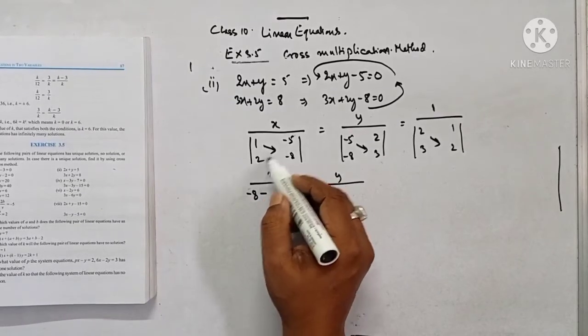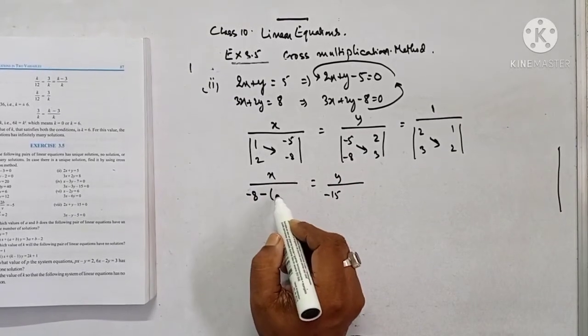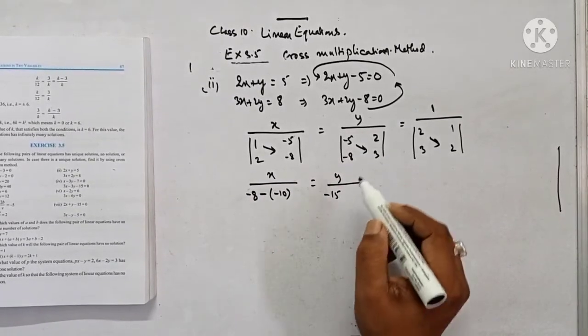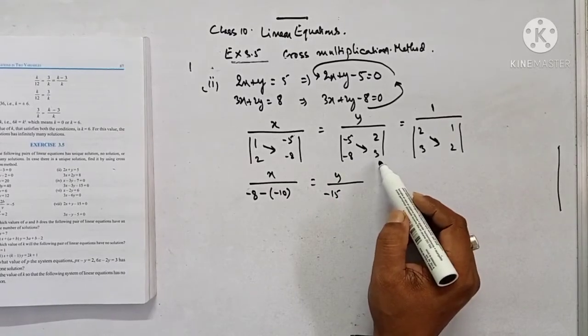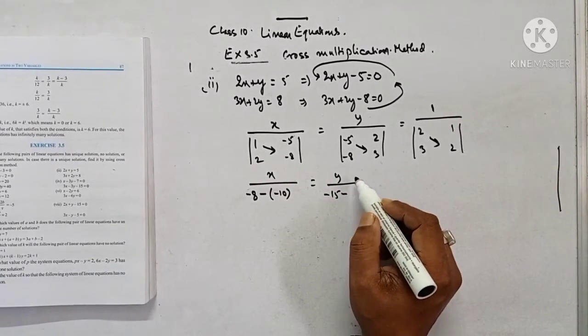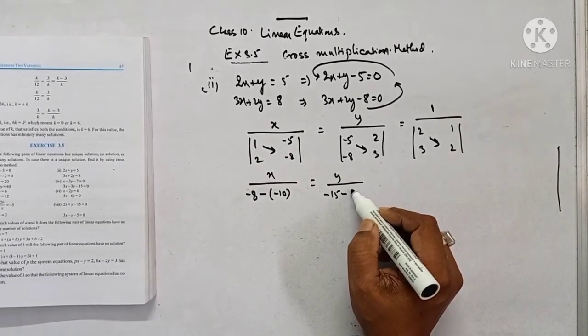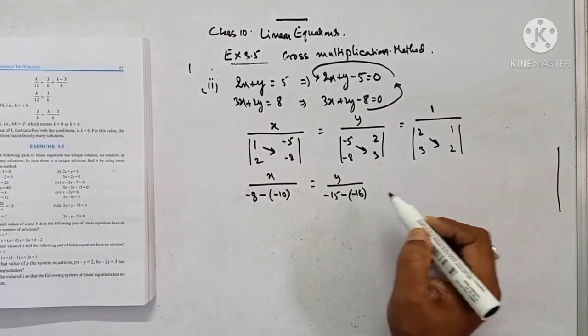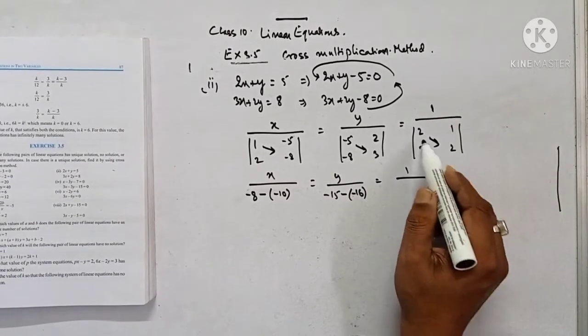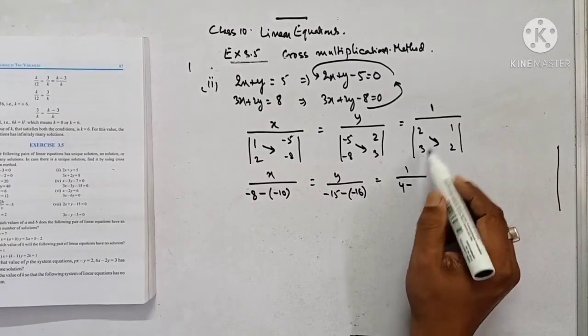After that you have to multiply these two, that is minus 10. Again here minus 15, then again minus, and then this into this is minus 16, and this is equal to 2 2s are 4, this minus 3.